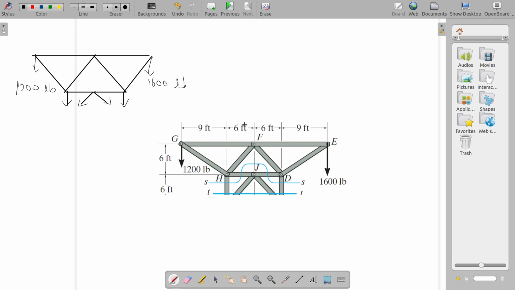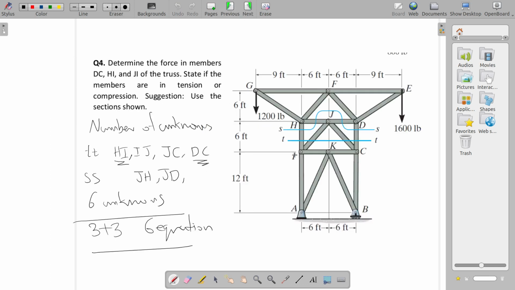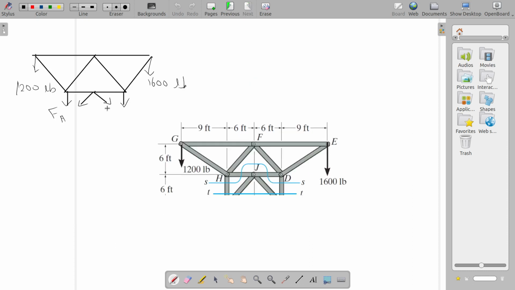Any other unknowns? No. And this is F. Oh, I forgot F_HI. This one is F_JI, and this one is F_JC, and this one is F_DC. So 4 unknowns here.